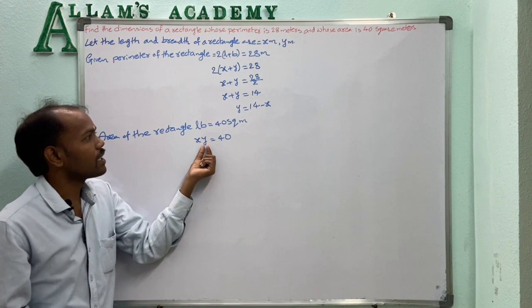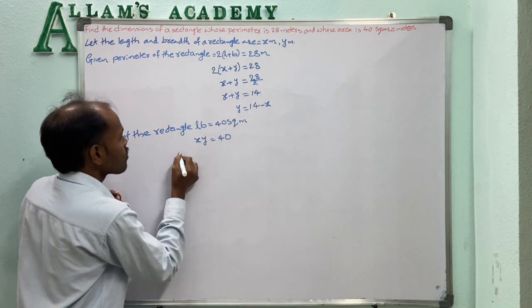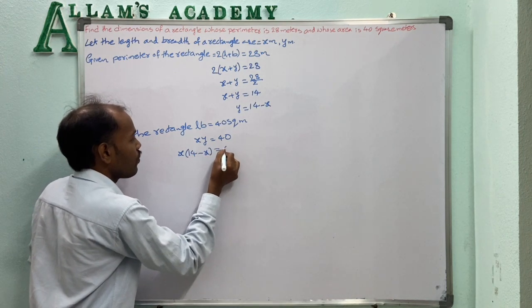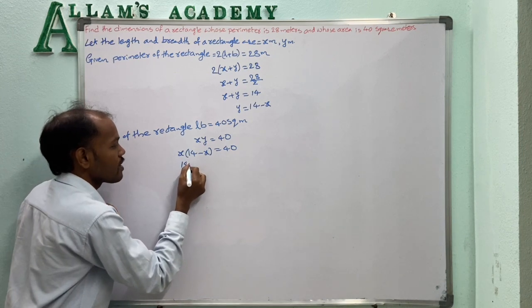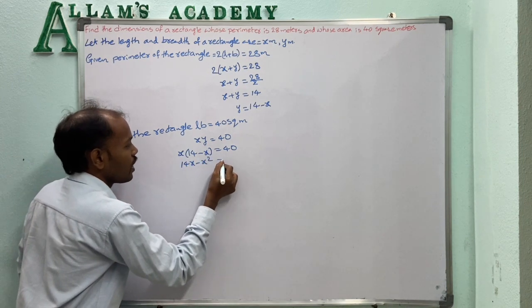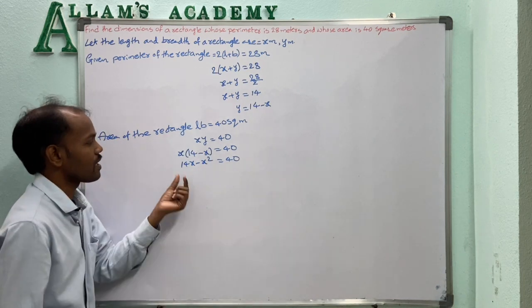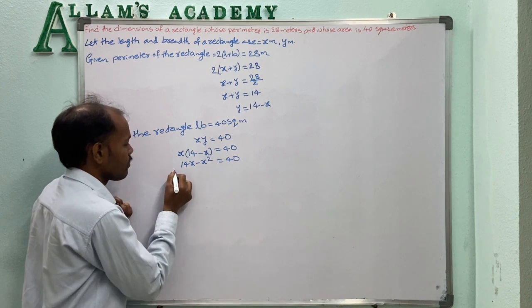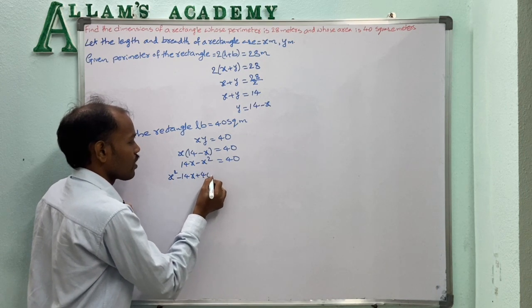In the place of y we can write 14 minus x. So x into (14 minus x) is equal to 40. So 14x minus x square equal to 40. Transferring, x square minus 14x plus 40 equal to 0.